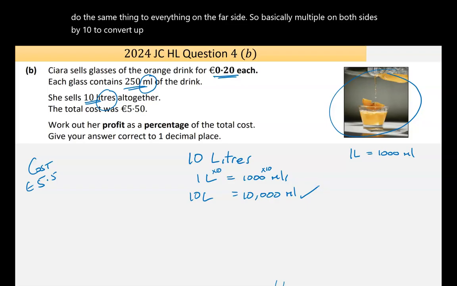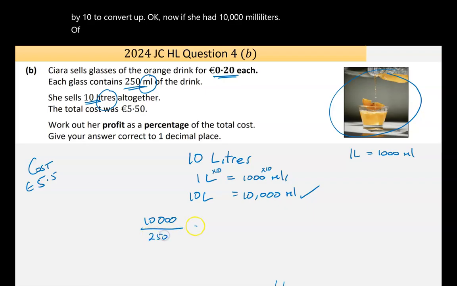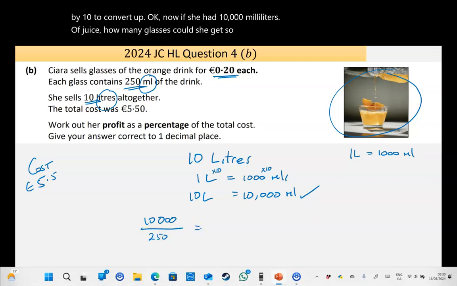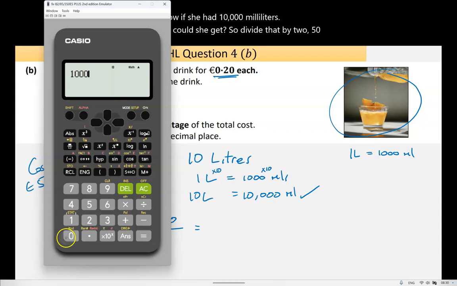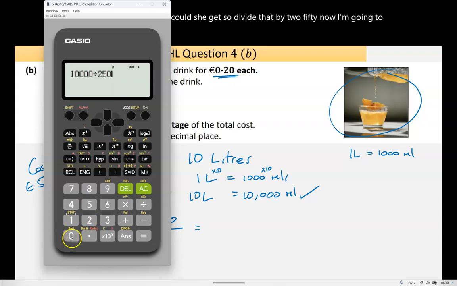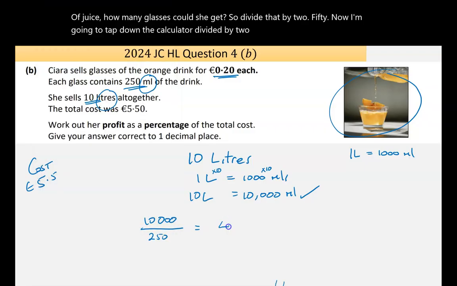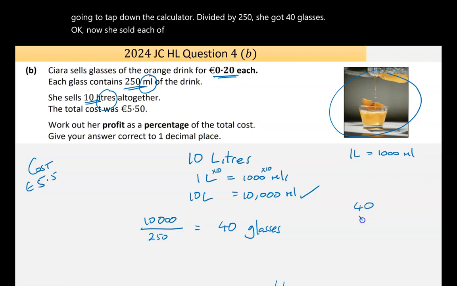Okay. Now, if she had 10,000 milliliters of juice, how many glasses could she get? So divide that by 250. Now, I'm going to tap down the calculator, divide it by 250. She got 40 glasses. Now, she sold each of those 40 at 20 cents each.